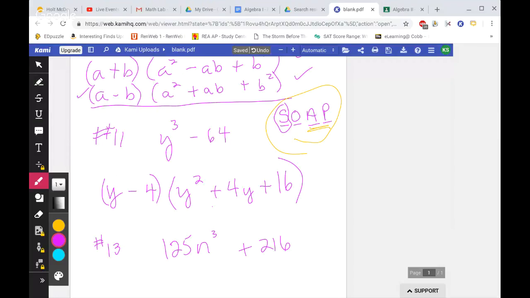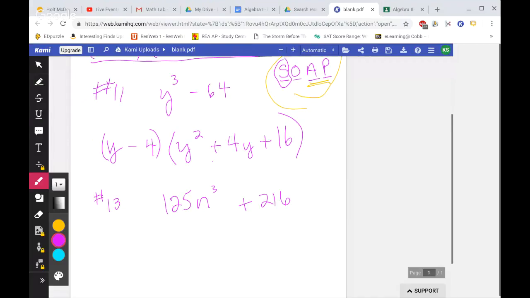All right. Since we're working with cube roots, we know that 125n cubed is a perfect cube. So what is the cube root of 125n cubed?